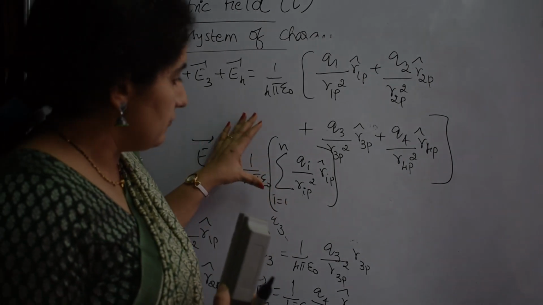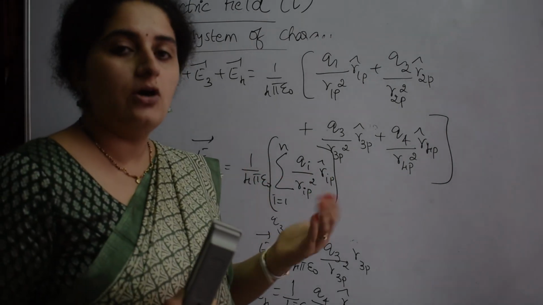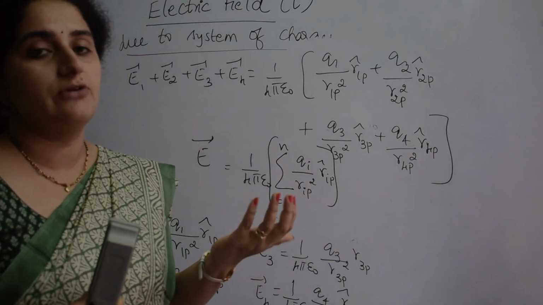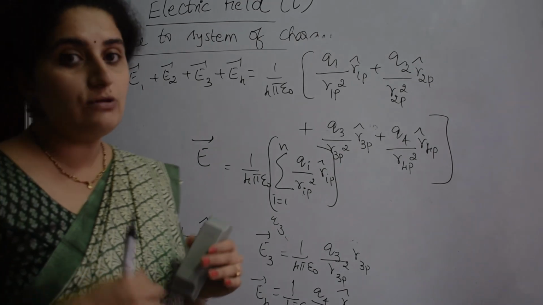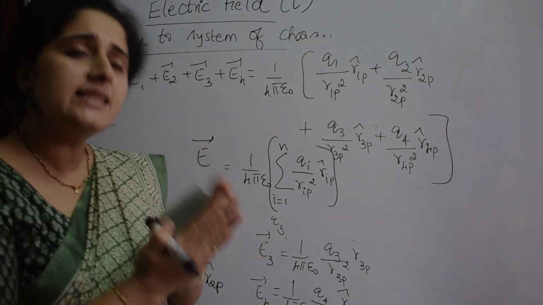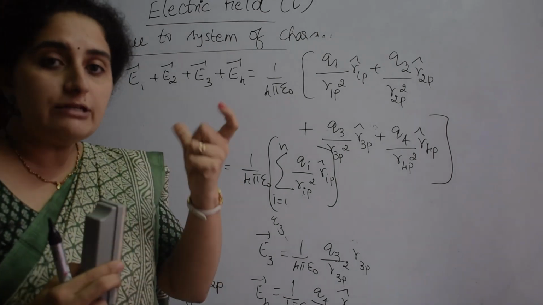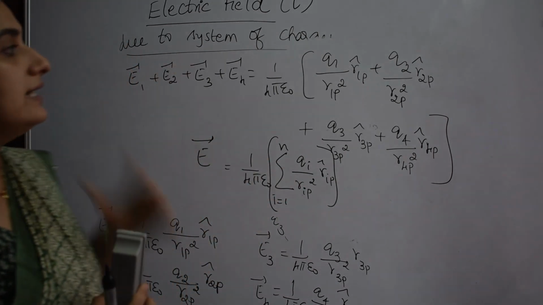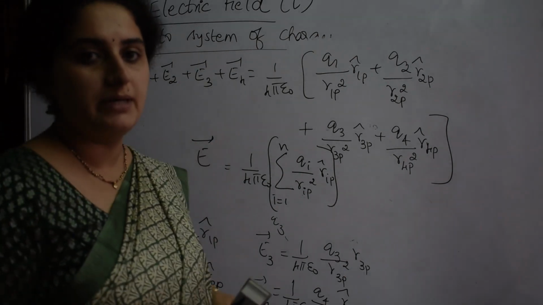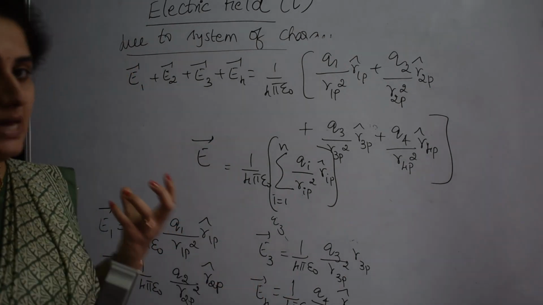Now to define or measure the strength of the electric field, you have the relative density concept. You have to consider the solid angle. If you consider the relative density of the field lines, then you get to know the strength of the electric field at that particular point where you want to consider.